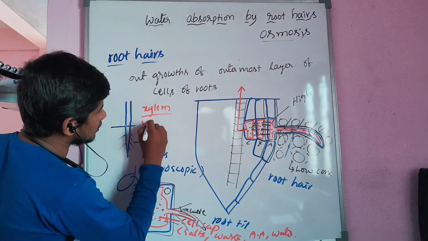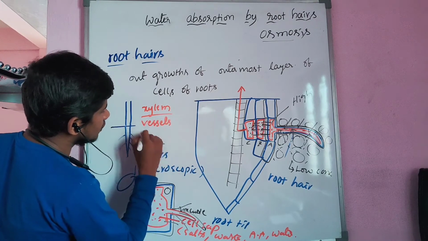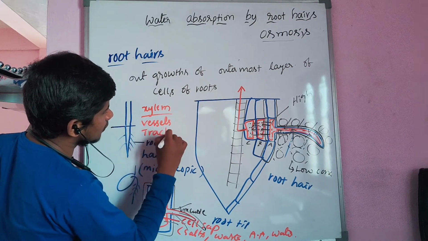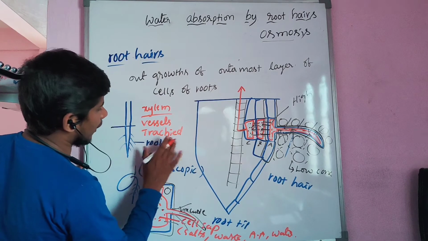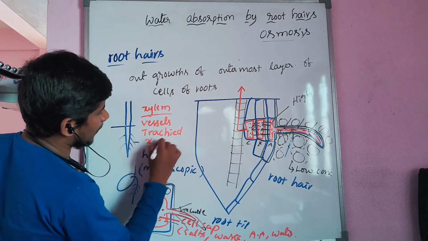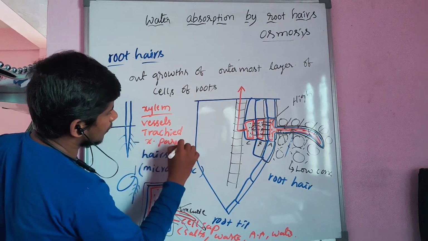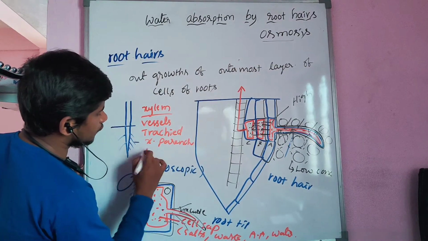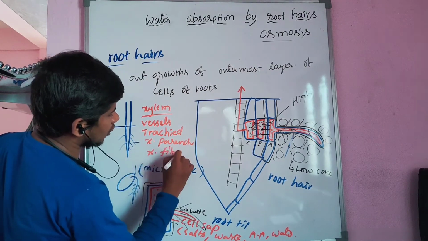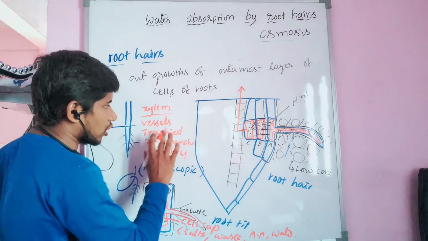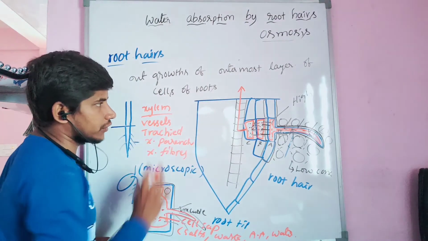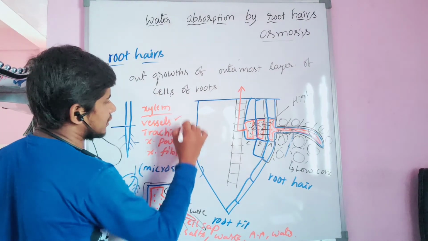So xylem consists of vessels, tracheids, xylem parenchyma and xylem fibers. So these are the cells present in a xylem tissue. It is a complex tissue. These all cells are helpful for the conduction of water, especially vessels and tracheids.